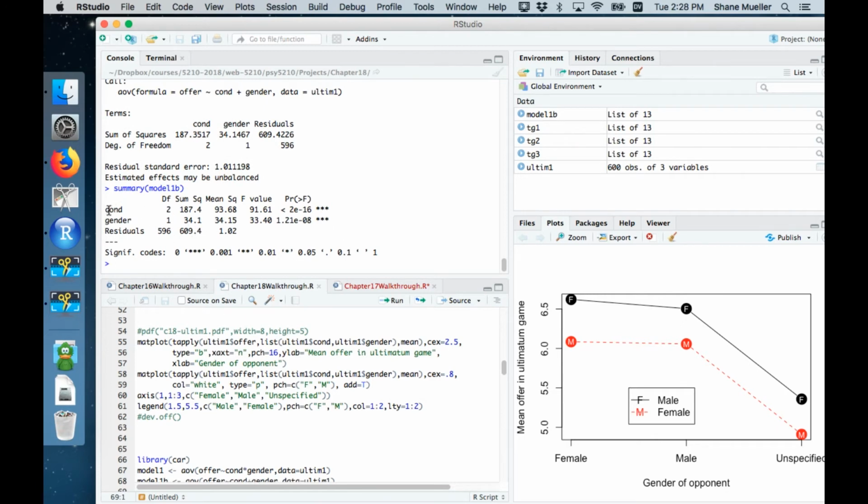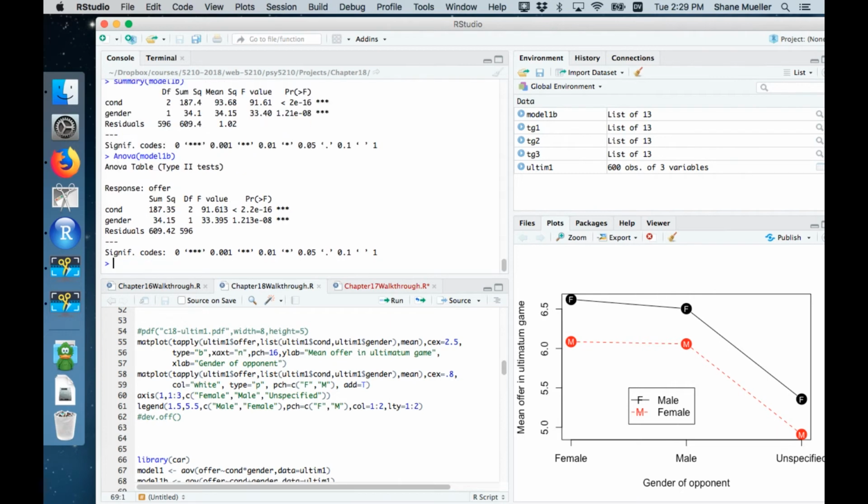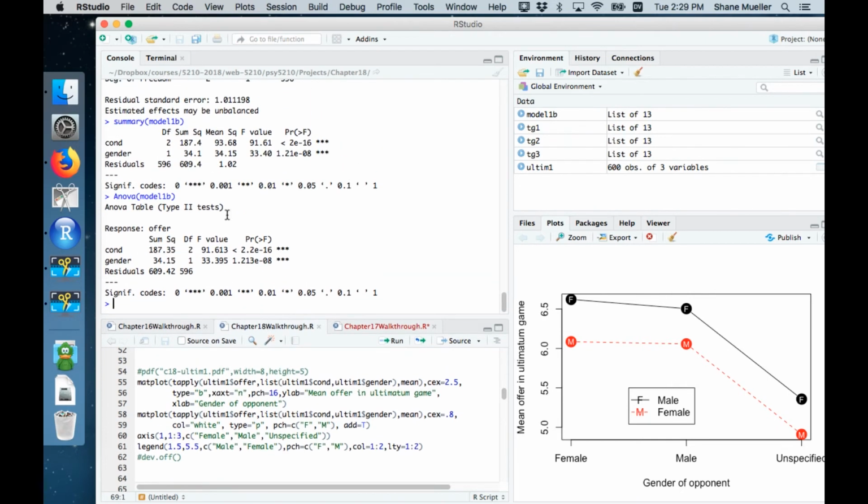It's going to look at condition in response to the intercept, and then gender in response to condition and gender. And so we might want to do an ANOVA with a capital A. And because it's orthogonal, you can see these sums of squares are all the same. The F values are the same, and the p values are the same. So in this case, it doesn't matter.